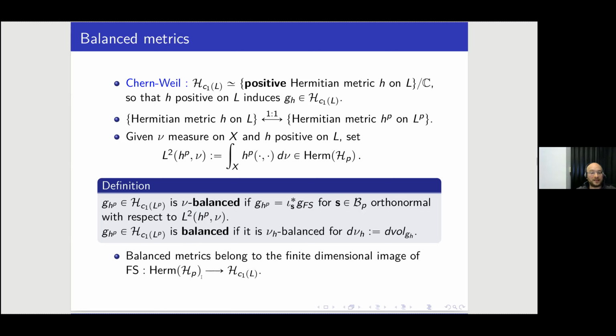Balanced metrics are Fubini-Study metrics, and they are parameterized by a finite dimensional space. So it really is a finite dimensional notion. You can, by the way, pull back this notion and call a Hermitian product balanced if its Fubini-Study metric is balanced, basically, right?